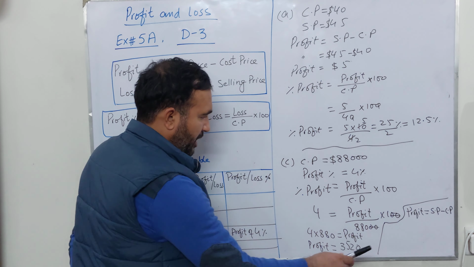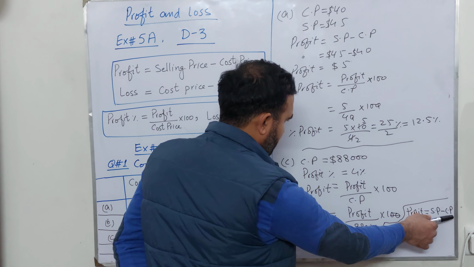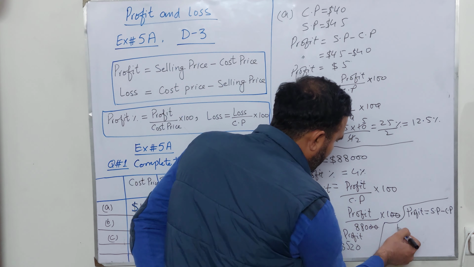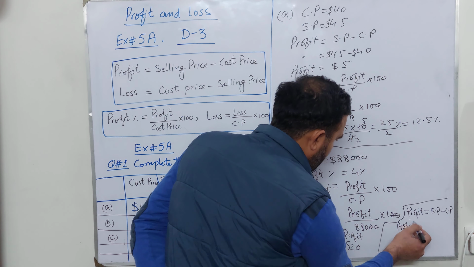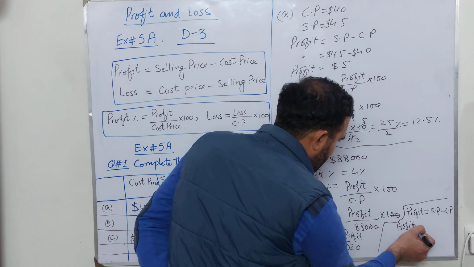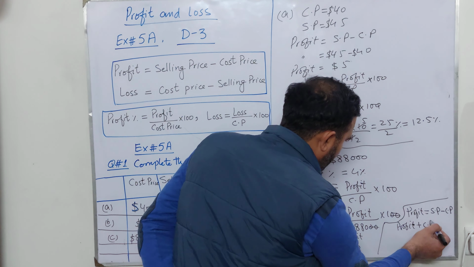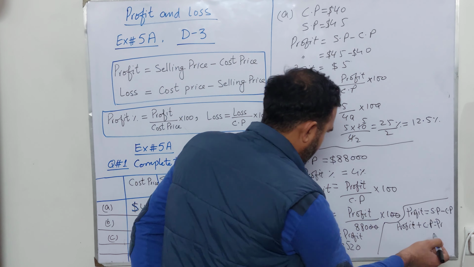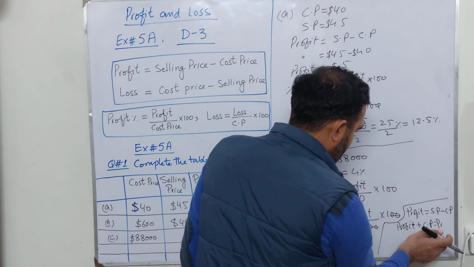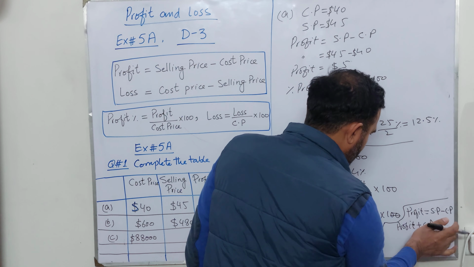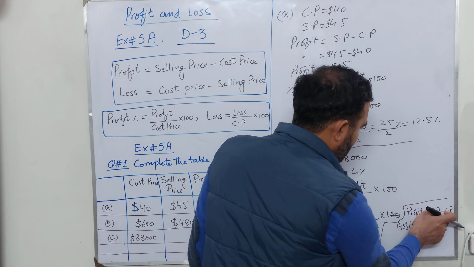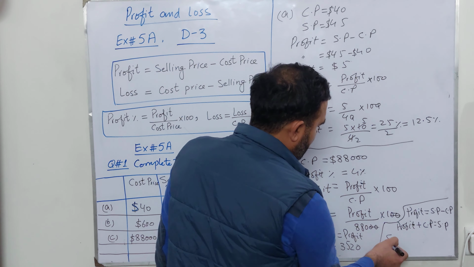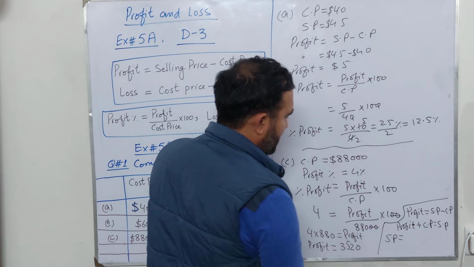Okay, so we have profit and cost price, so we can shift this cost price on the other side, so this minus will become plus. Profit plus cost price is equal to selling price. So selling price is equal to, we will add cost price and profit.